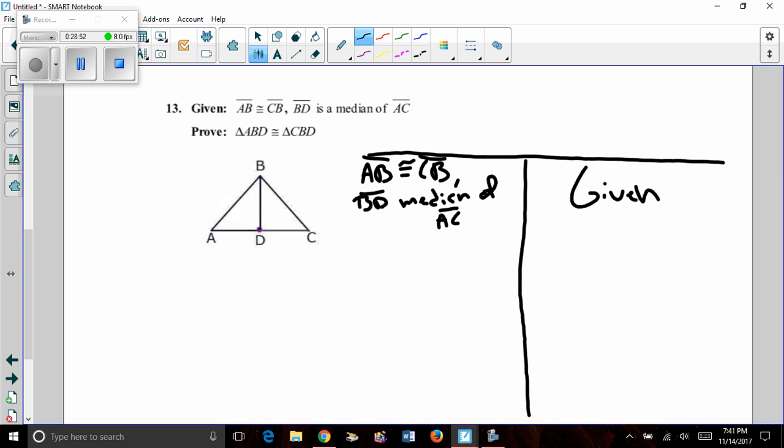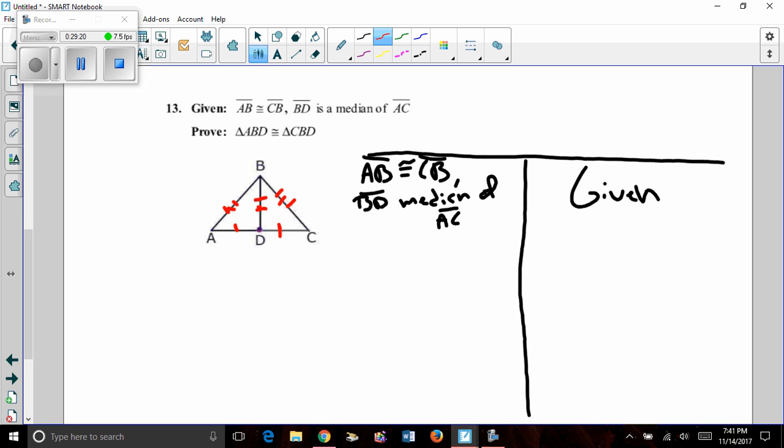And I want to point out some pieces about a median. A median cuts this apart. We also have reflexive we can use, and they gave us that AB and CB are congruent.